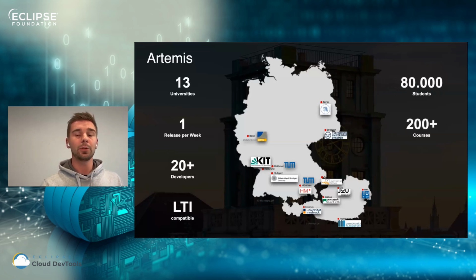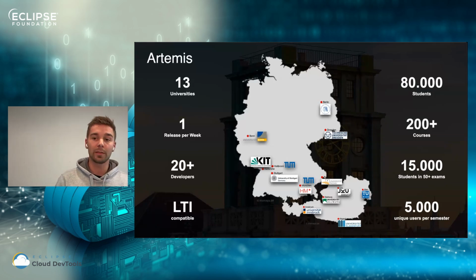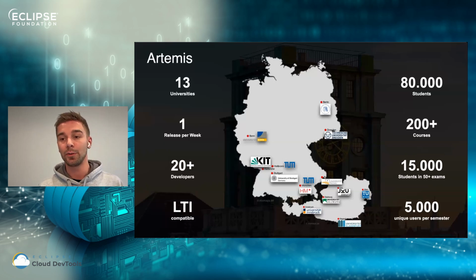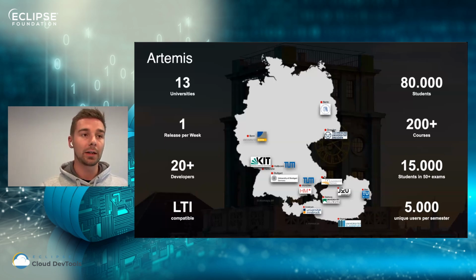We used Artemis for 80,000 students at this point, so plenty of people have experienced Artemis as a tool in 200+ courses, and even 15,000 students wrote an exam in this tool. So this is pretty well known at our university, and the users actually really like the concept that is behind Artemis.